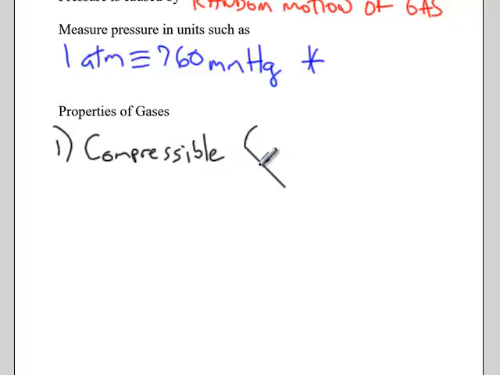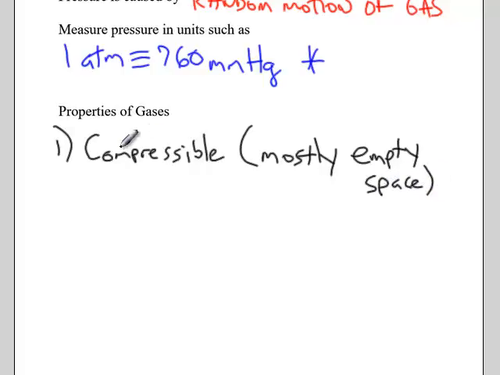So between gas molecules, there is a lot of empty space. In fact, most of a gas sample is empty space. The gas particles themselves don't take up very much of the volume.